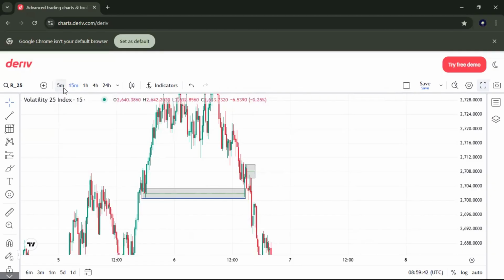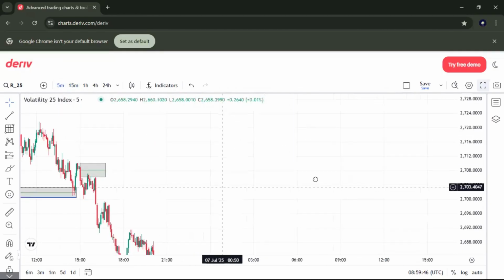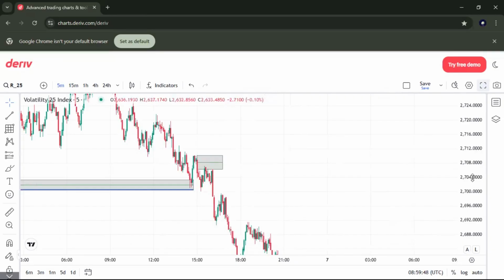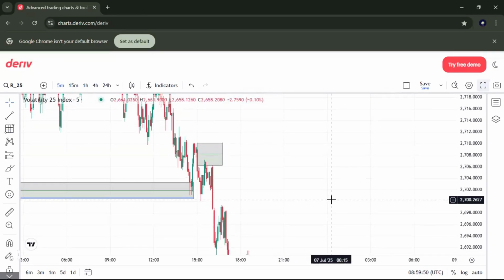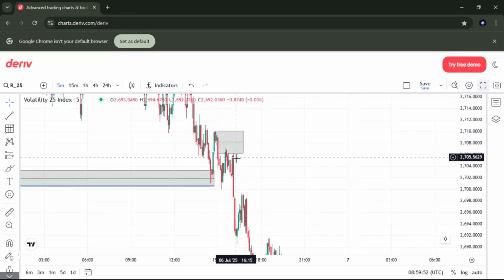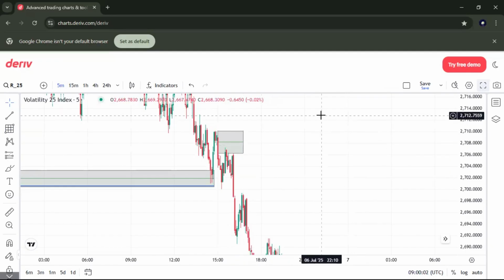Let us go down to 5 minutes. At 5 minutes, there was an exact tap into the zone and it created a double top formation, which is very peculiar regarding the synthetic indices.